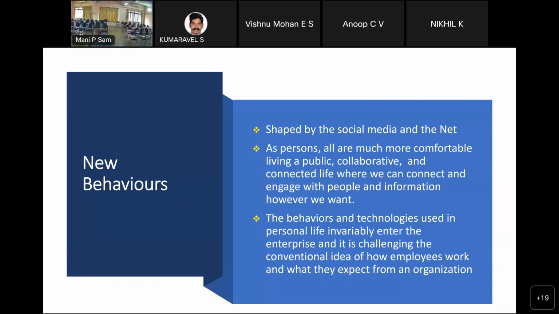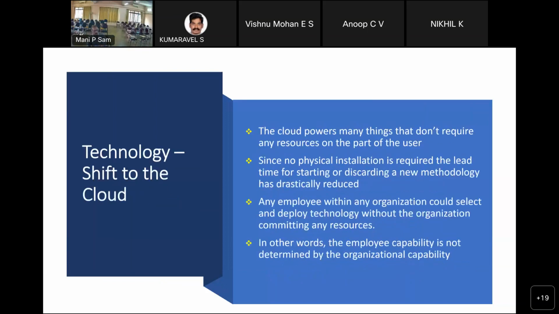So what happens because of that? You see technology shifting to the cloud. And since most of the incubated entities, I was looking at the ones being incubated, are mostly knowledge-based businesses.